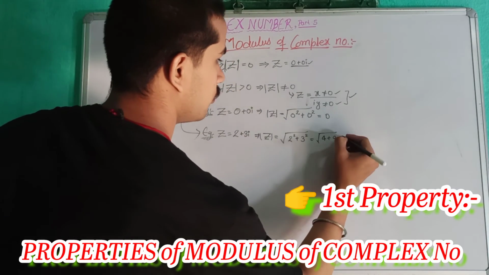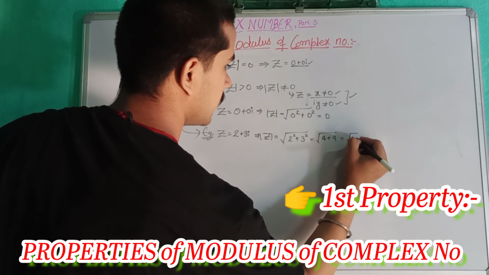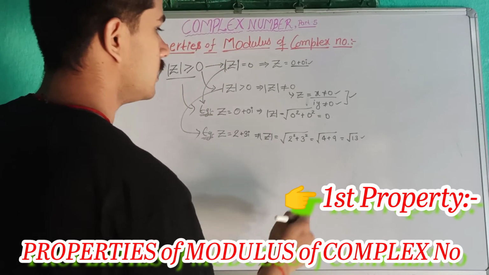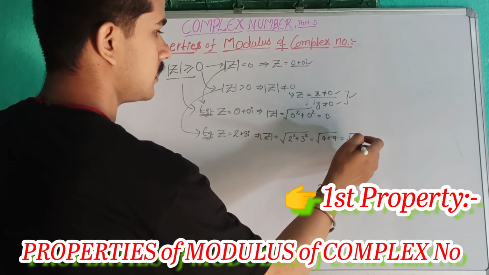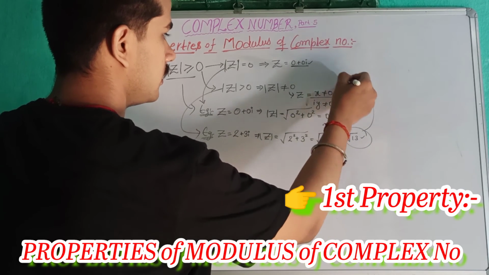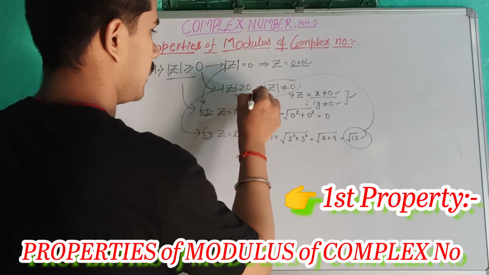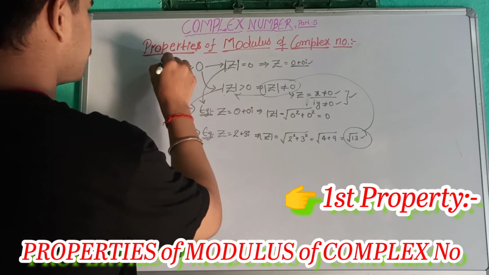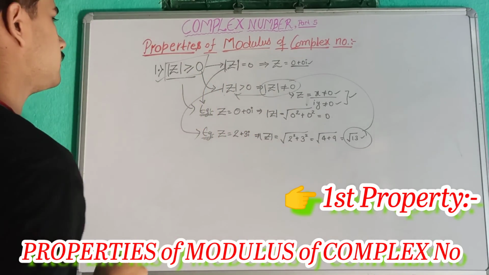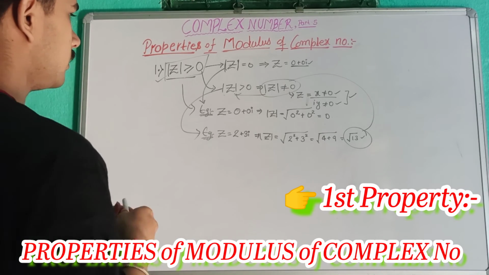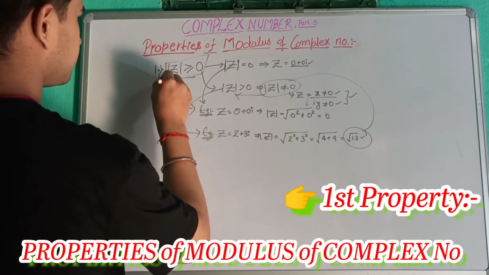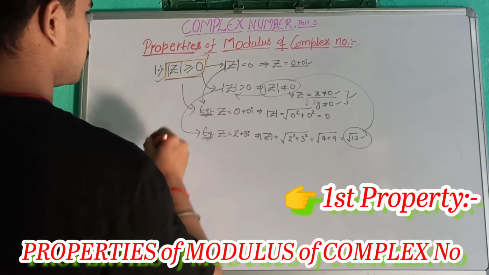So let's go further with this. It finally becomes under the root 13, which is not equal to 0. We can see here it is not equal to 0, so we can say it is greater than 0. And since it is greater than 0, we can say that this property applies, and this property is proved to be true.